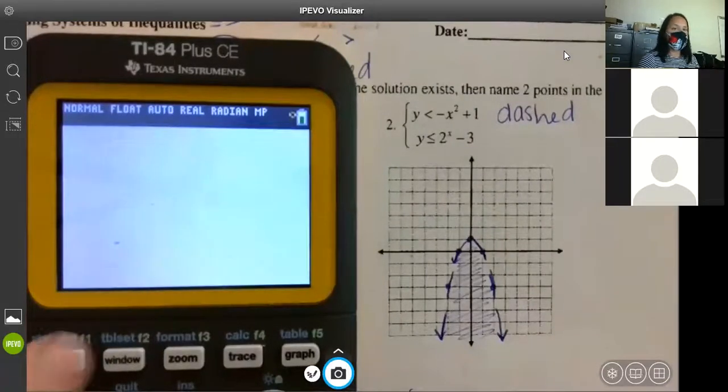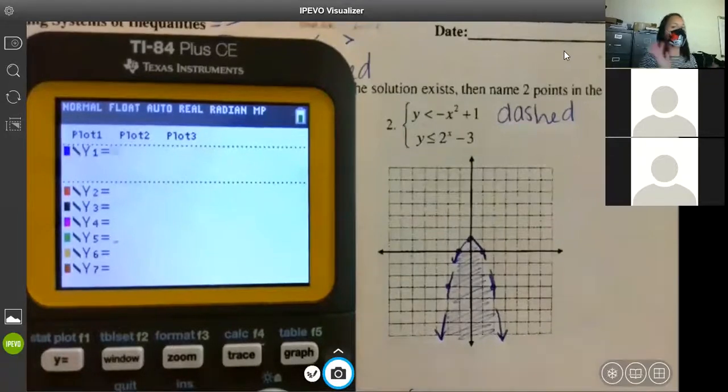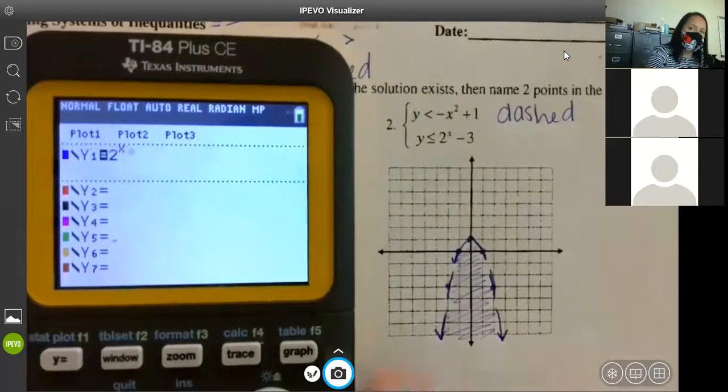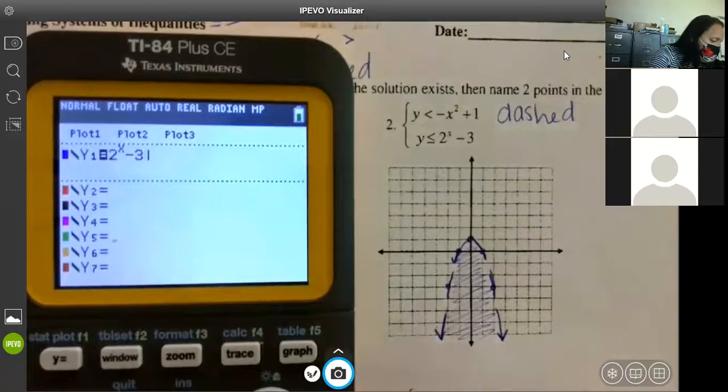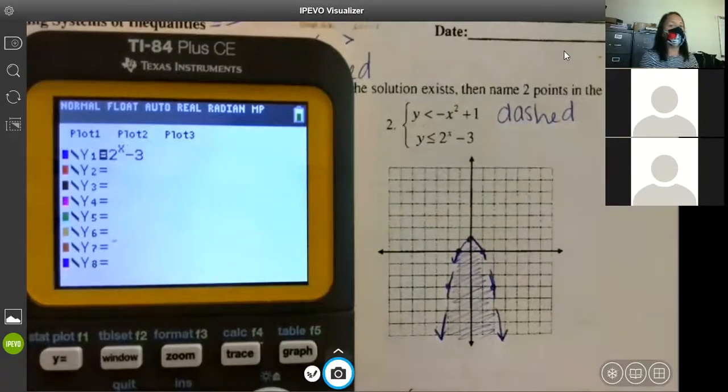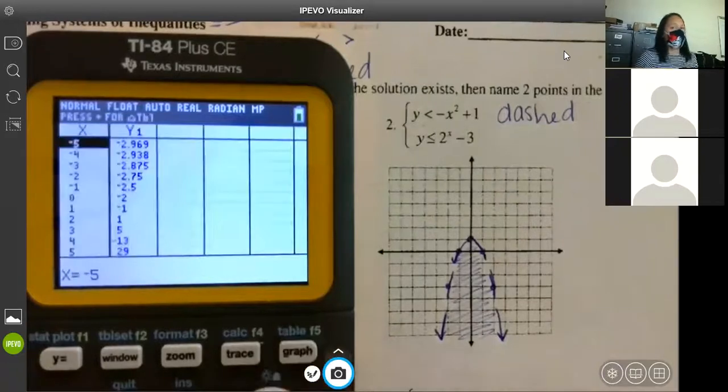I'm going to go back into y equals and clear this all out. If I hit clear enough times, it'll clear everything. Okay. I'm going to put my exponential in. 2 to the x minus 3. What is that? Is everybody good? 2 to the x minus 3. Check out my points. I'm going to graph anything that I can.